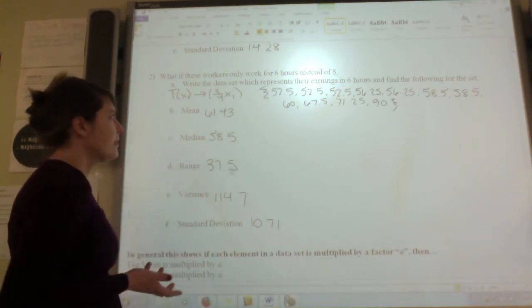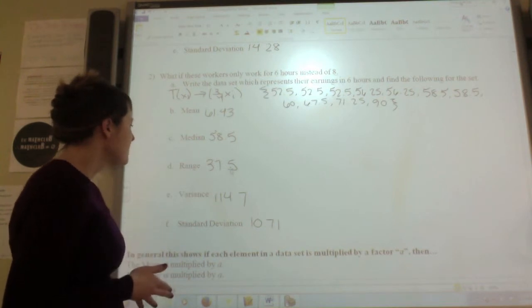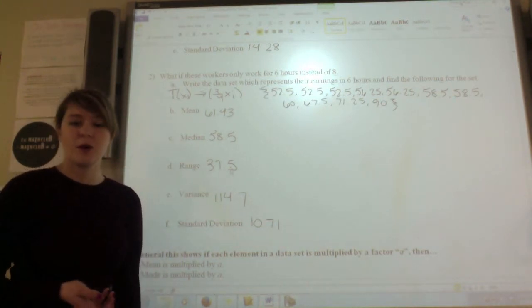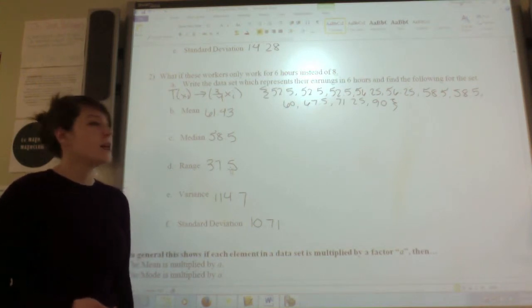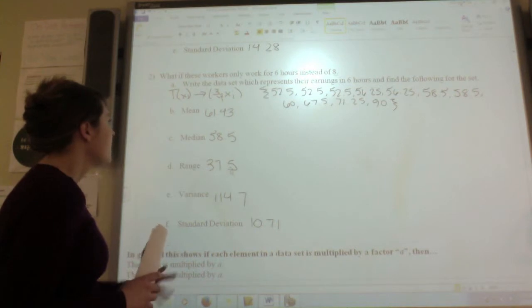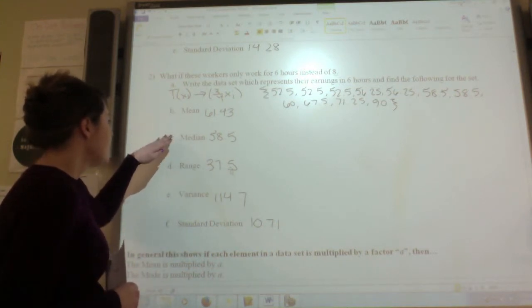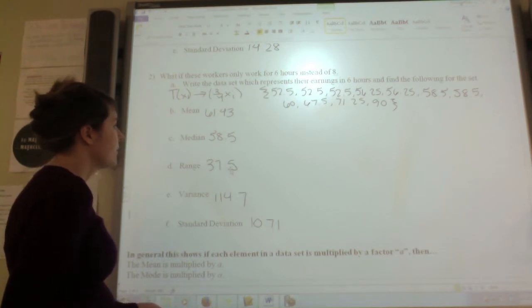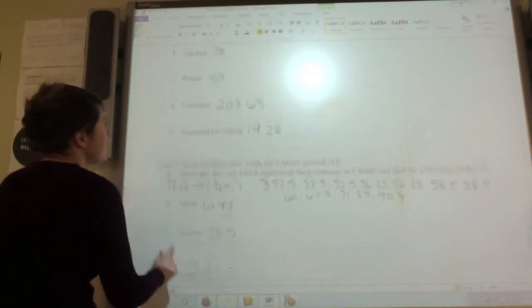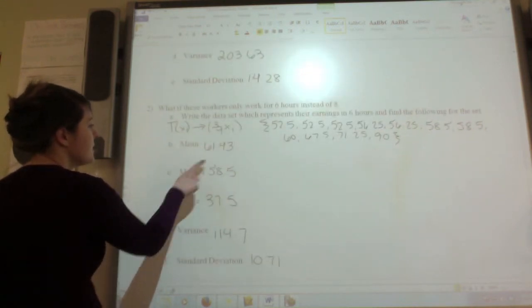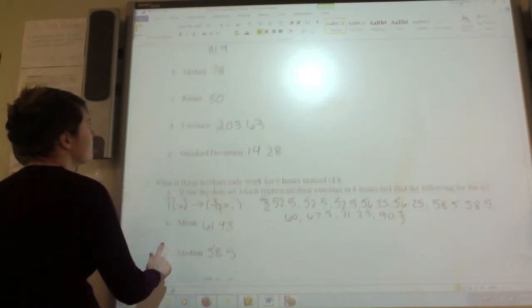Okay, so now I need to figure out how each of these components, my mean, median, range, variance, and standard deviation, have been affected by the scale change. Hopefully you notice that the mean and the median were changed just by being multiplied by 3/4. If I take my original mean, 81.9, and multiply it by 3/4, that gives me this new mean of 61.43.